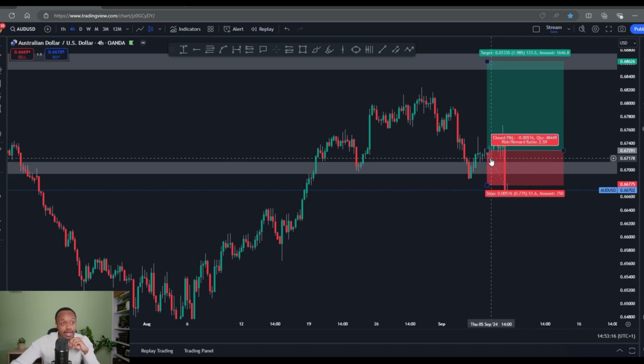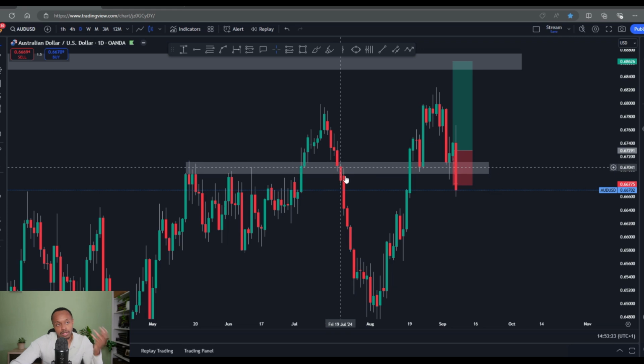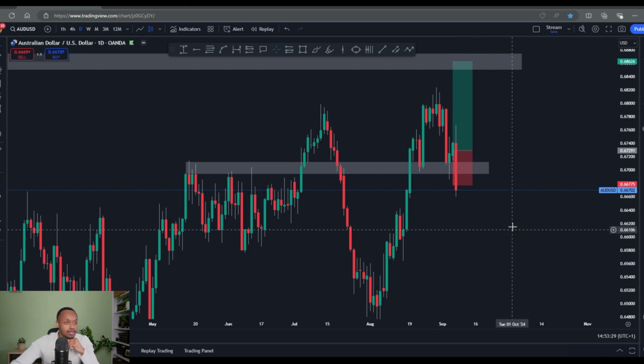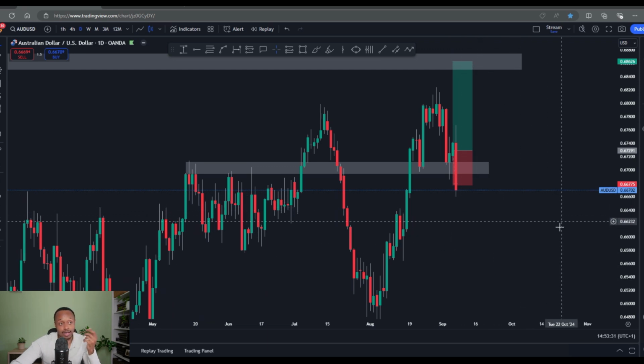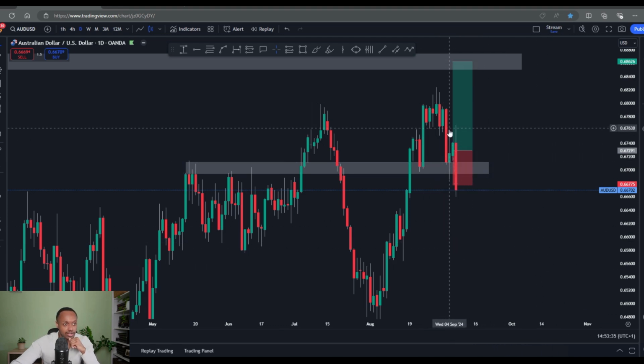So I did enter a little bit late, but the entry was off the back of the retest of 0.67. This was an opportunity which I was talking about coming into the week. Of course, as we can see, the level didn't hold. NFP was originally in my direction, however price did take a big turn and was very, very bearish, and dollar was very, very bullish. Hence why I got that big bearish candle breaking through the level and taking me out of the position.